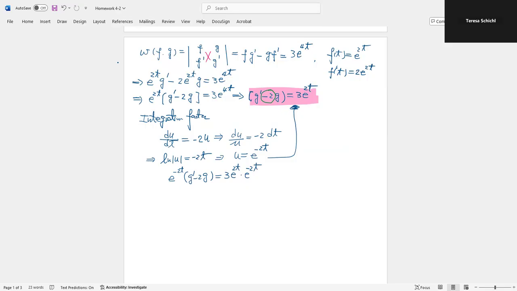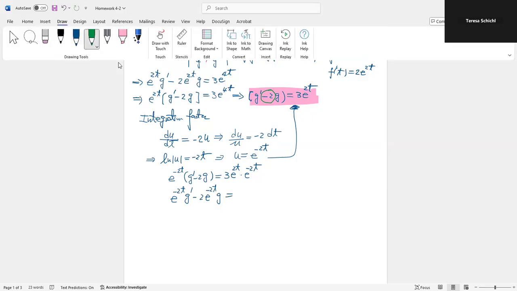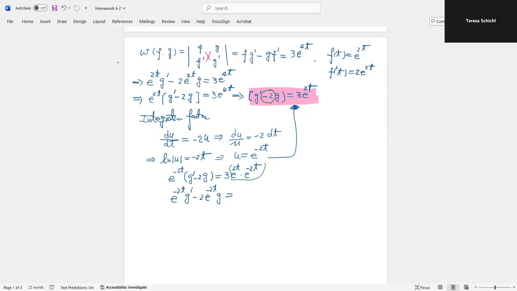What happens here? The left side is e^(-2t) g prime minus 2e^(-2t) g, and on the right these two cancel out, so e^(2t) and e^(-2t) become 1.